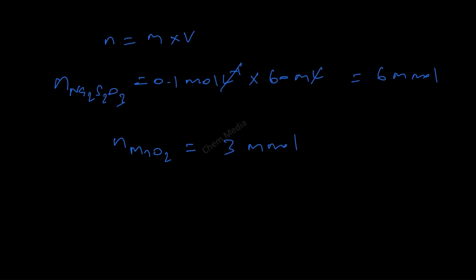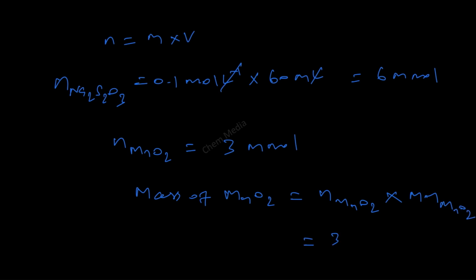Therefore, mass of manganese dioxide is equal to number of moles of manganese dioxide times molar mass of manganese dioxide. Number of moles of manganese dioxide is 3 times 10 to the power minus 3 mole, times molar mass of manganese dioxide, 87 gram per mole.